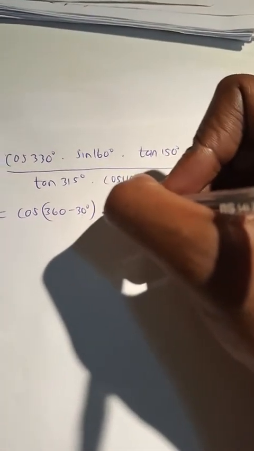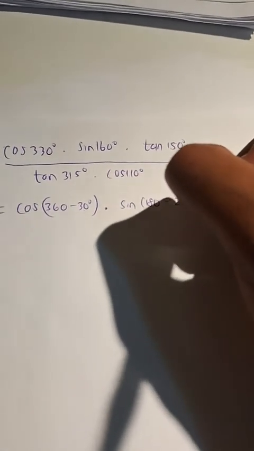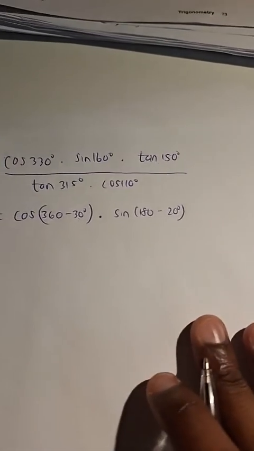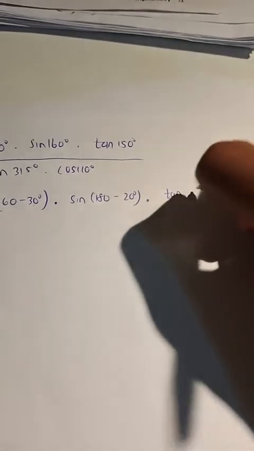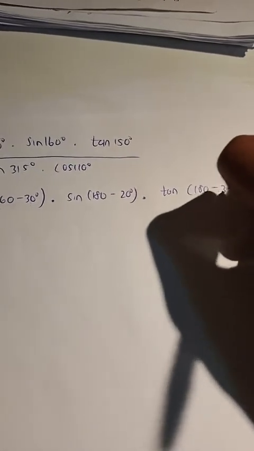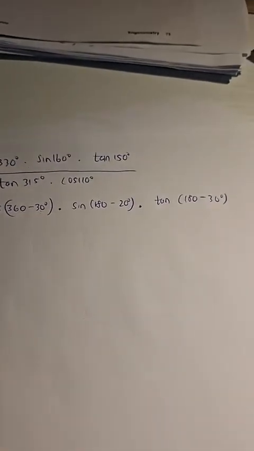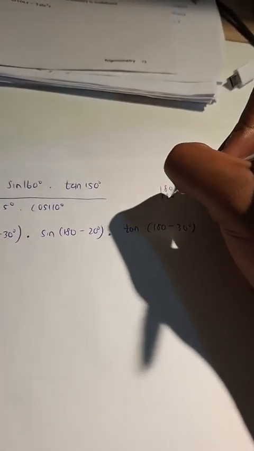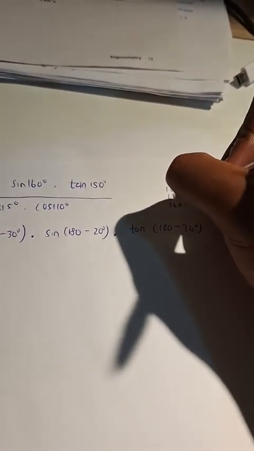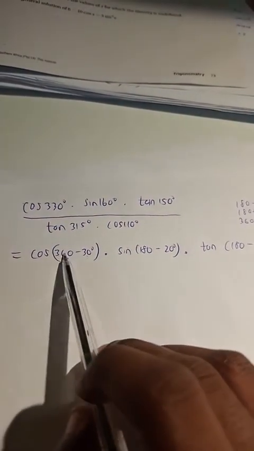This one, sine of 180 minus 20. That's fine. Tan 180 minus 30. Do you see, guys, that in my head I'm just thinking of function values: 180 minus, 180 plus, 360 minus. I see 330, I'm thinking of 360 minus.